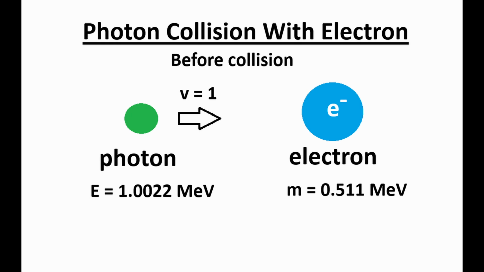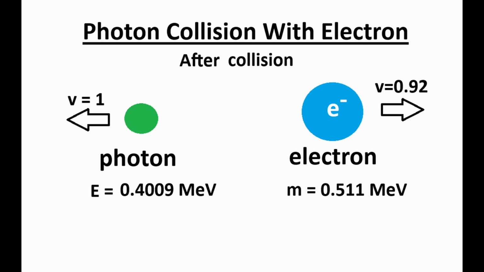For example, a photon can collide with an electron that is at rest. Let's give the photon an energy of 1.0022 mega electron volts, which is twice the energy of the electron mass, or 0.511 mega electron volts. And we represent the photon velocity, v, equal to 1, meaning it is traveling at 1 times the speed of light.